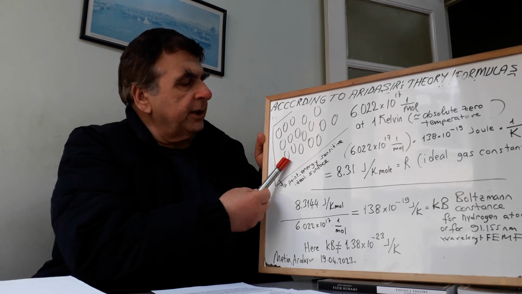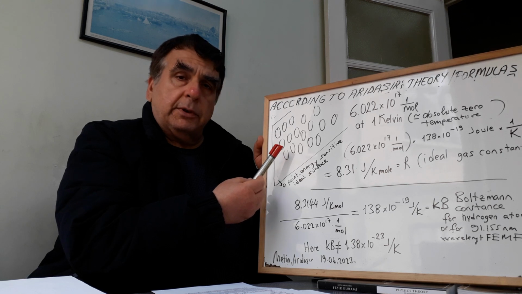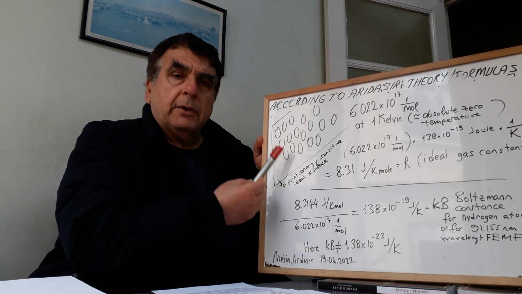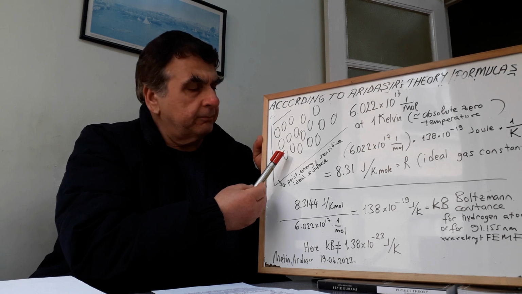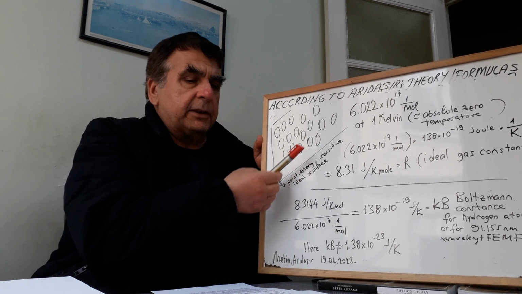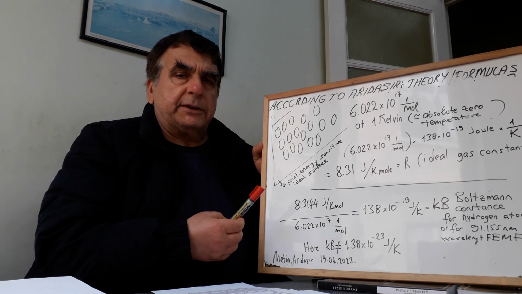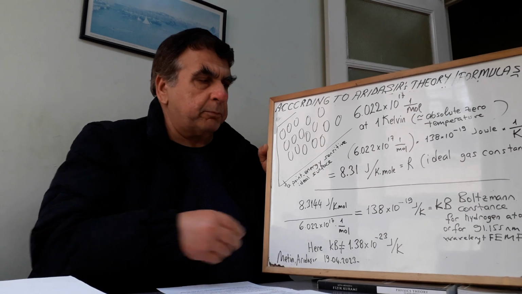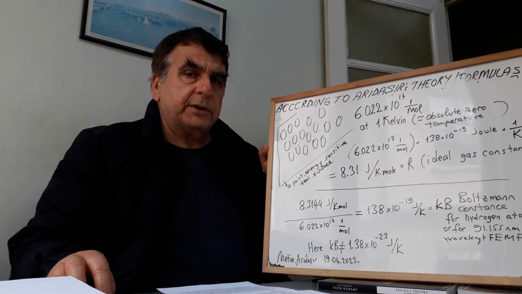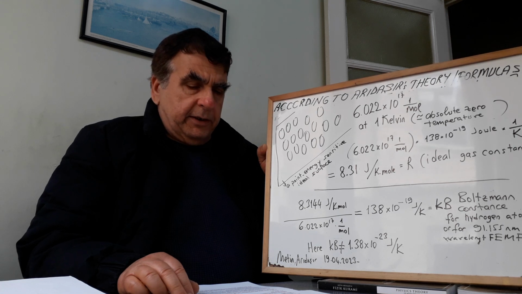Yes, each one's point energy is 138 10 to the minus 19 joule. Okay, then 6.022 10 to the 17 multiplied by each one's point energy, 138 10 to the minus 19 joule.